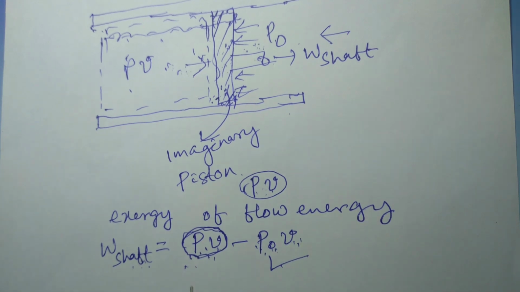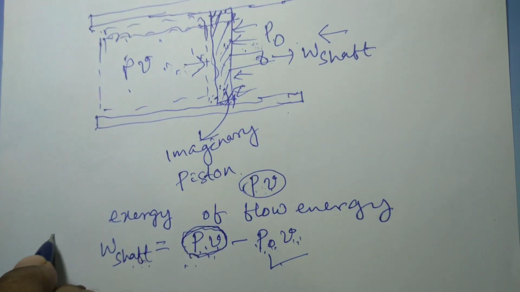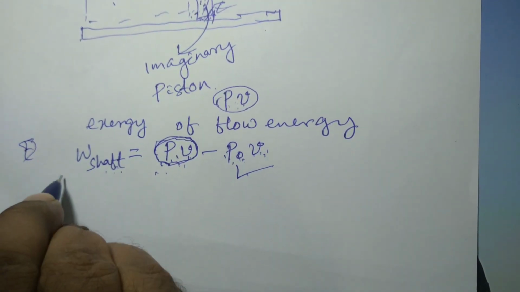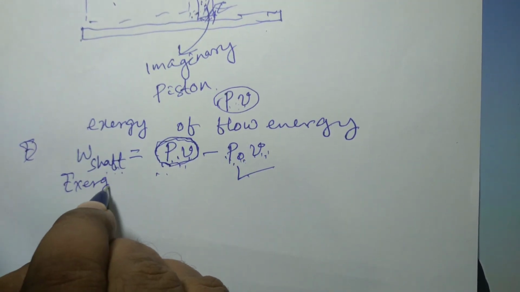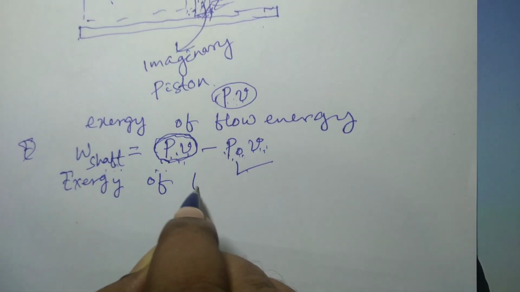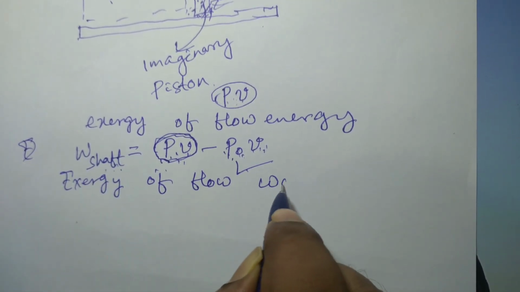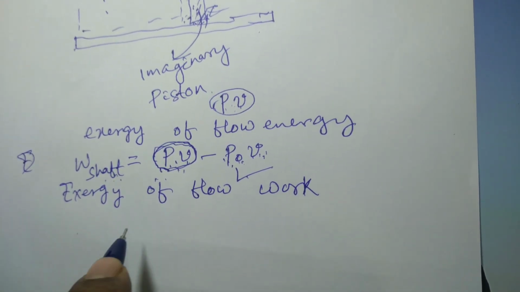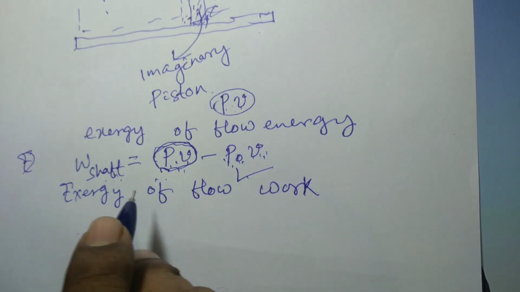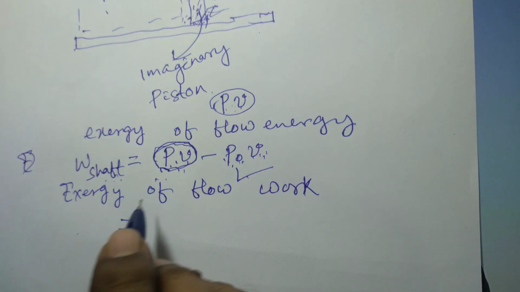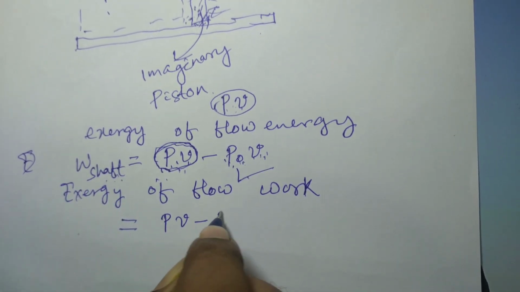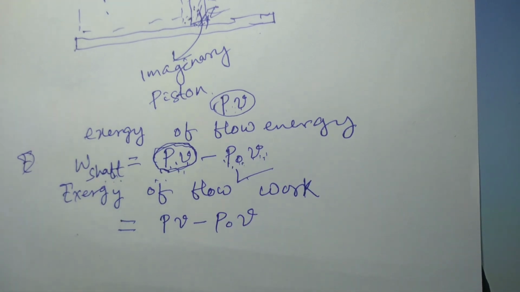So if we can find the exergy of this flow energy, this is the exergy associated with the shaft work, which is nothing but the exergy of flow work, or you can say flow energy also. And you know flow energy is associated with a flowing fluid only, and this is not available in case of a closed system, and in a closed system only the piston displacement work is there. So exergy of flow work is PV minus P0V, where P0 is the atmospheric pressure.